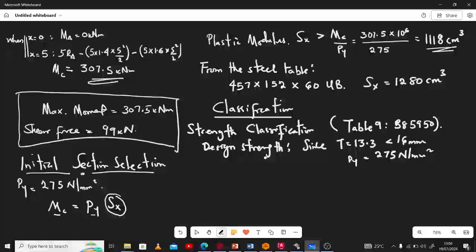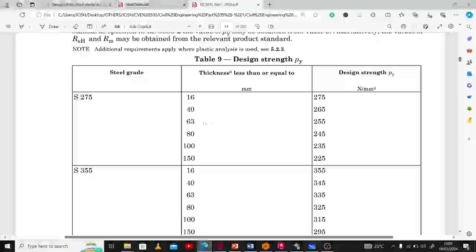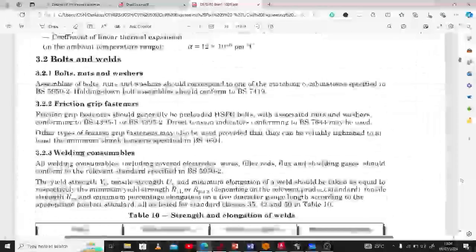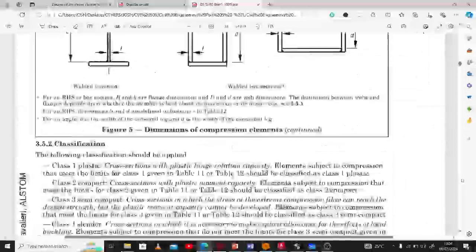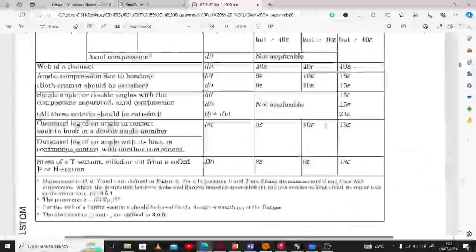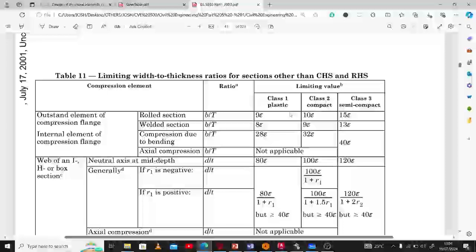Okay, so the next thing we want to do is to classify what I just showed to you in clause 3.5.2. We want to classify a section in that regard. So let's get to the table and see our classification: table 11 and table 12 as recommended in the clause that we read earlier. So this is table 11, limiting width to thickness ratios for sections other than CHS and RHS.